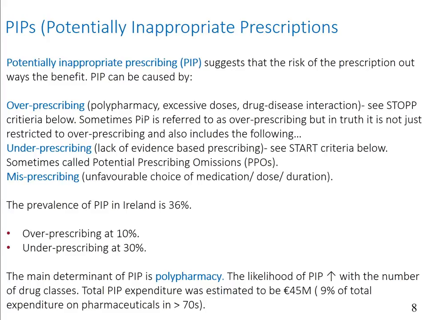It's also quite an expensive business. Total PIP expenditure in Ireland, when the study was done showing this prevalence of 36%, was 45 million euro. That is approximately almost 200 million ringgit. And that was 9% at the time of total expenditure on drugs in the over 70s. That's a whopping amount of money.